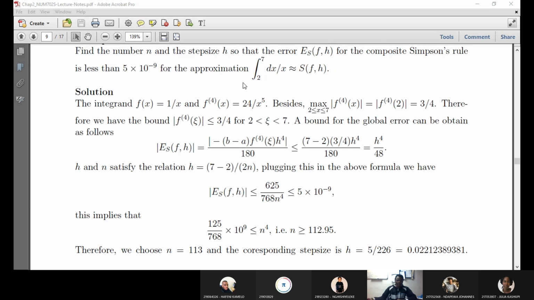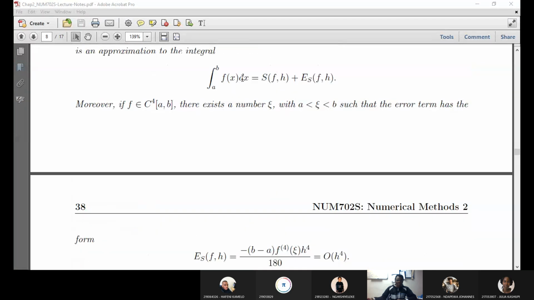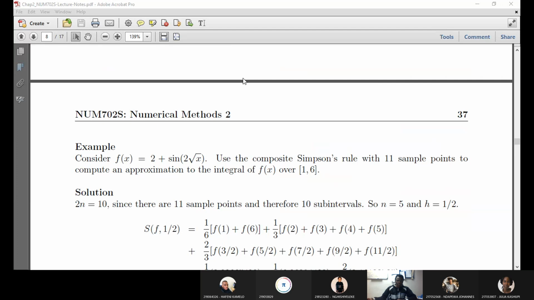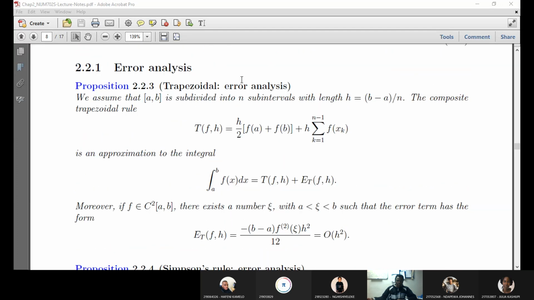So we start with the error analysis of the trapezoidal rule. Error analysis is nothing else than the expression of the error term, right?